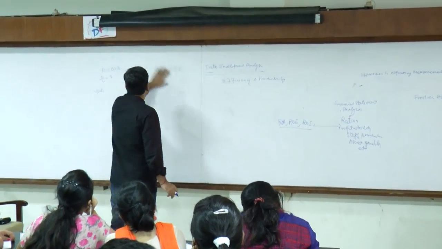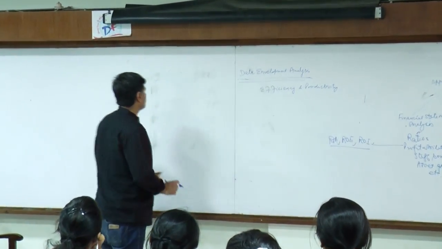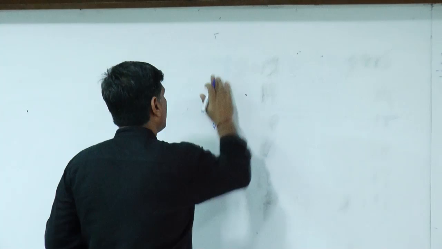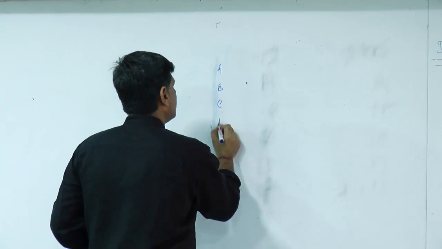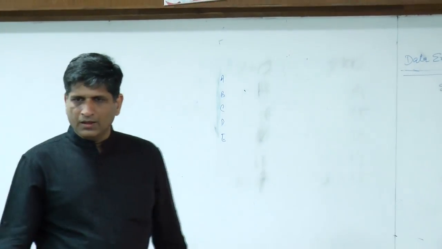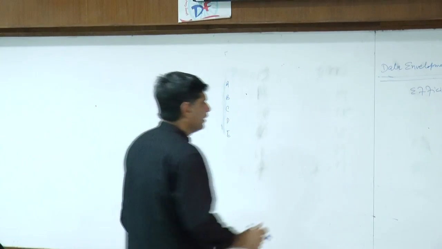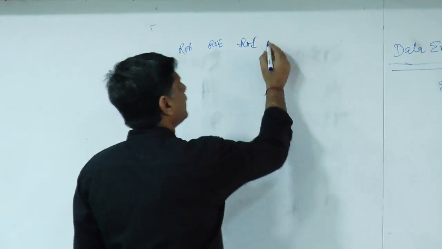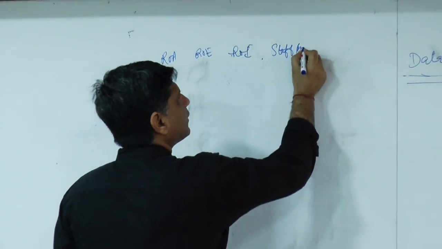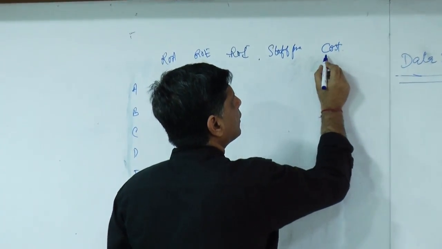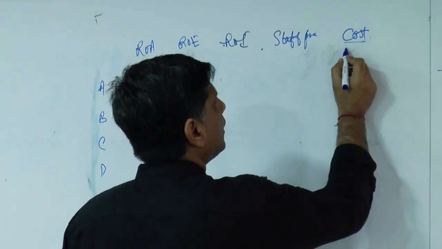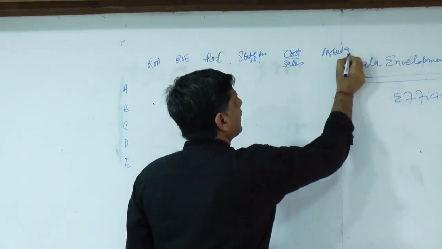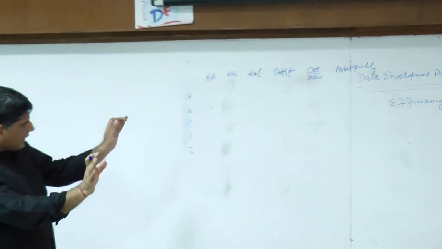And what happens in this scenario? Now, in ratio analysis, let's suppose I have 5 firms, A, B, C, and D, and I have different ratios, for example ROA, ROE, ROI, staff productivity, sales ratio, and asset quality.